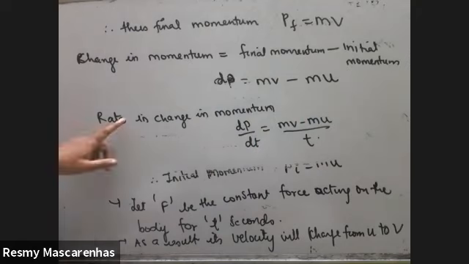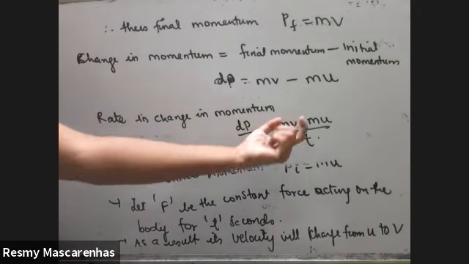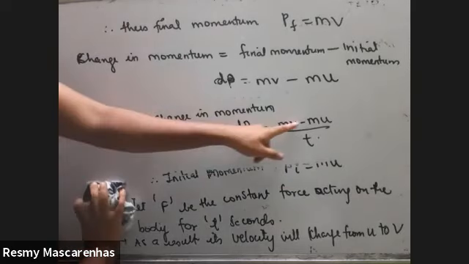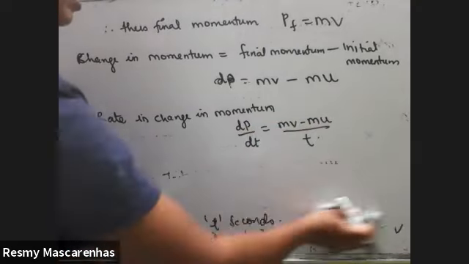I've already told you, rate of change is nothing but change in the momentum with respect to time. Now what is common between both of them? m is common. You just take out the common.